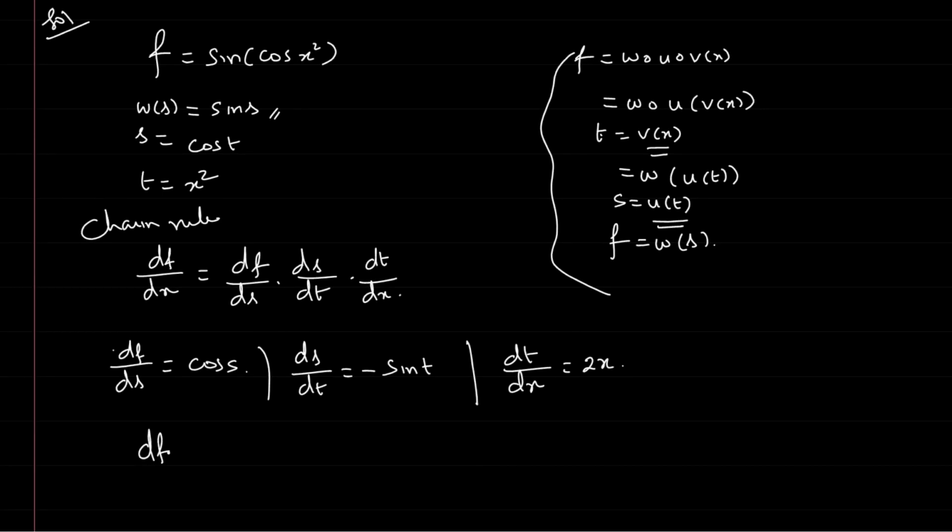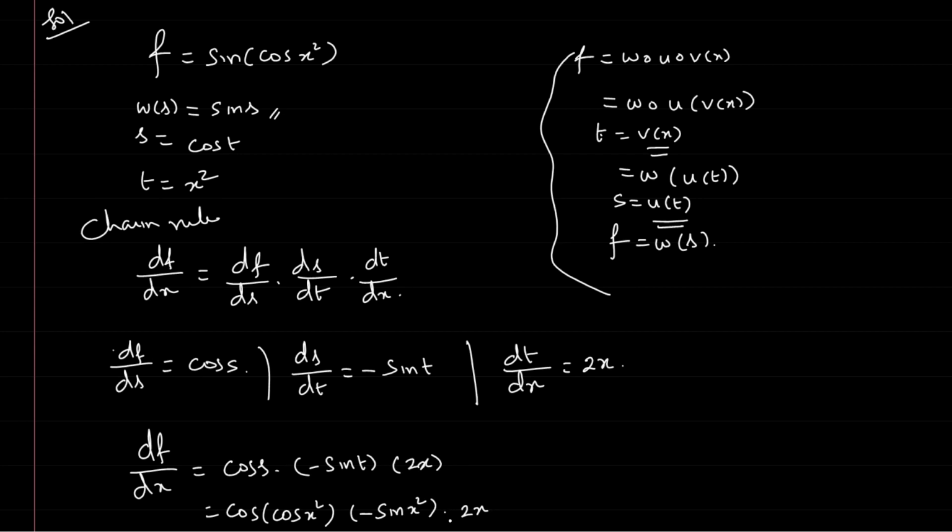Therefore we can write this df by dx as df by ds, which is cos s, into minus sin t, into 2x. Now, since s is equal to cos t, and t is equal to x square, this is cos of cos x square into minus sine of x square into 2x.